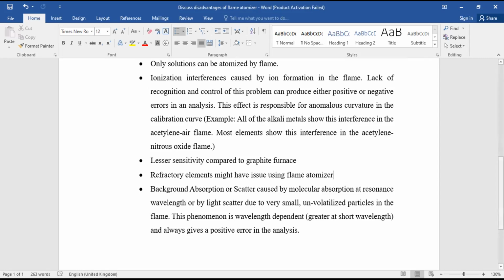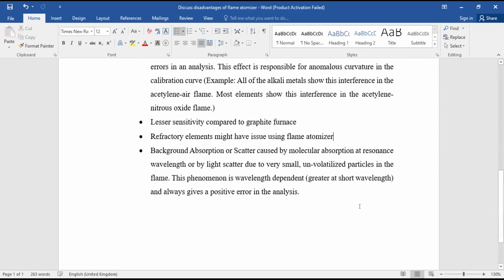And lastly, background absorption or scatter caused by molecular absorption at resonance wavelength, or light scatter due to very small nonvolatile particles inside the flame. This phenomenon is wavelength dependent, very great at short wavelength, but will always give positive error during analysis. And that's all.